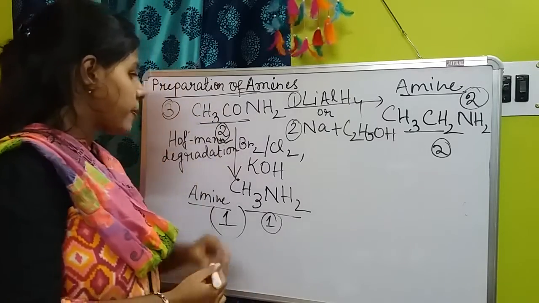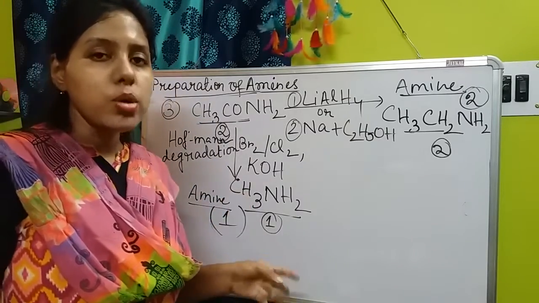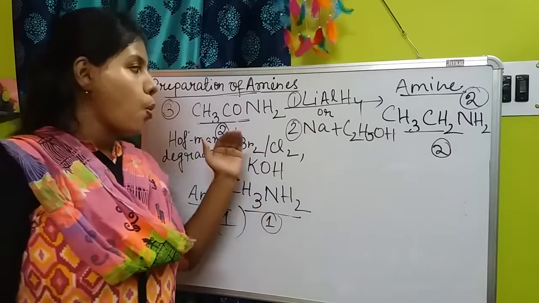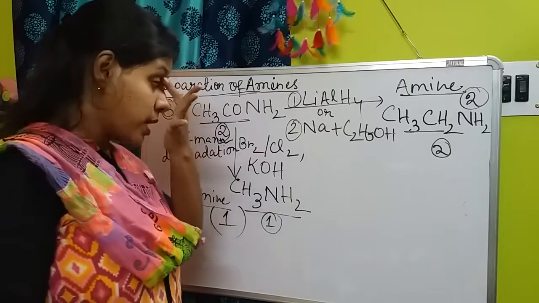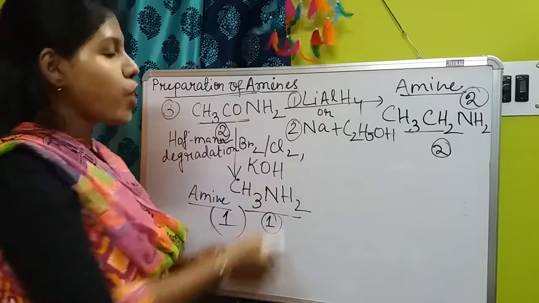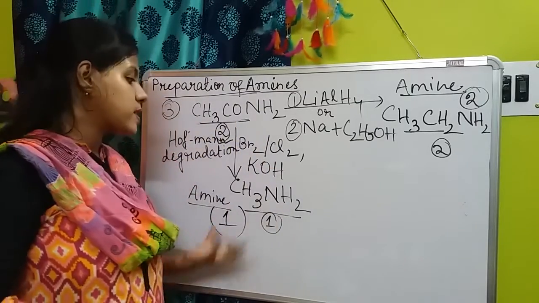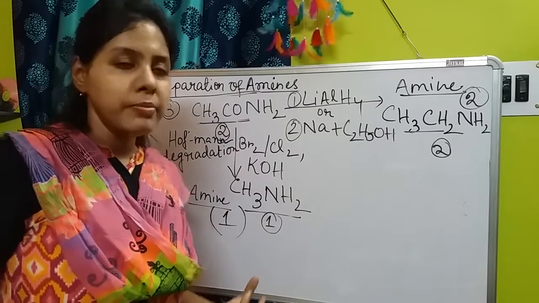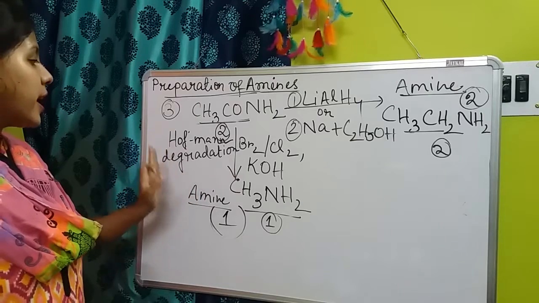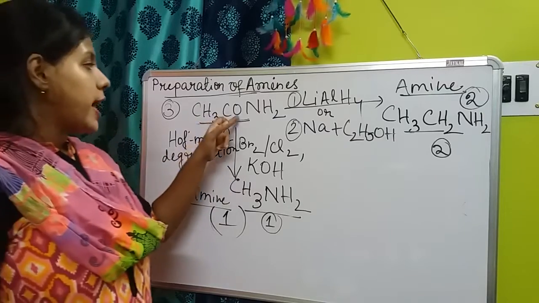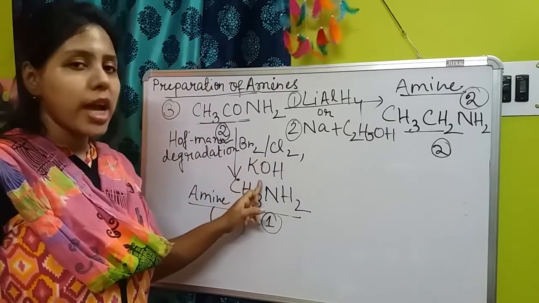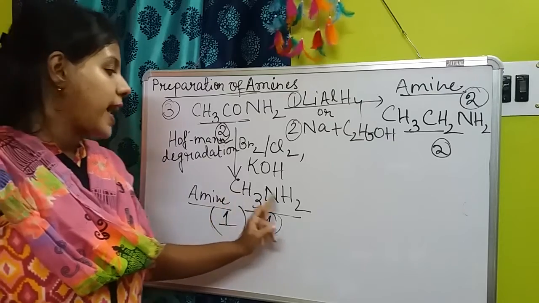Degradation means this type of reaction is used in conversion processes for stepping down, or decreasing, one carbon atom. If you want to get methylamine starting from ethylamine, then in that case, for decreasing one carbon atom, you could use this type of reaction. So in the Hofmann degradation reaction, acetamide is reacted with bromine or chlorine in presence of KOH, and it forms methylamine.